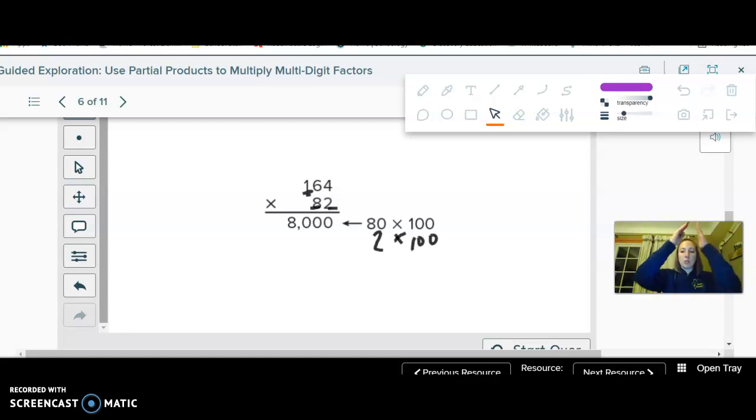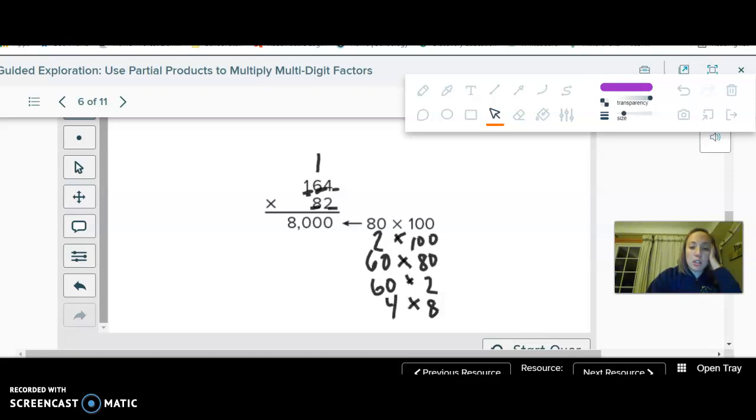I figured I would do 100 times both of them, then the middle one times both of them, then 4 times both of them, so I could at least have some sort of pattern. Because now I'm going to do 6, which is really 60 times 80. Then I'm going to do 60 times 2. Then I'm going to do 4 times 80 and 4 times 2.